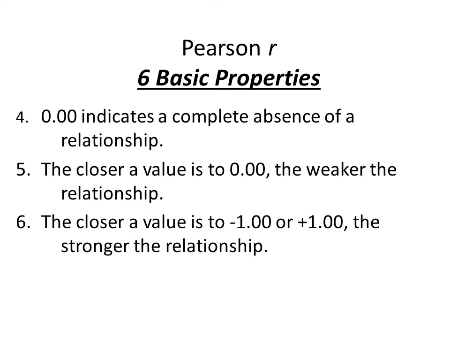If you write the answer, you should write the answer of a complete absence as 0.00. Also note the closer a value is to 0.00, the weaker the relationship is, and the closer a value is to either -1 or positive 1.00, the stronger the relationship is.